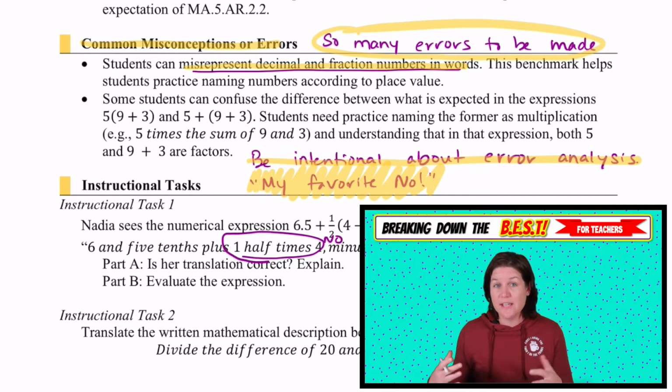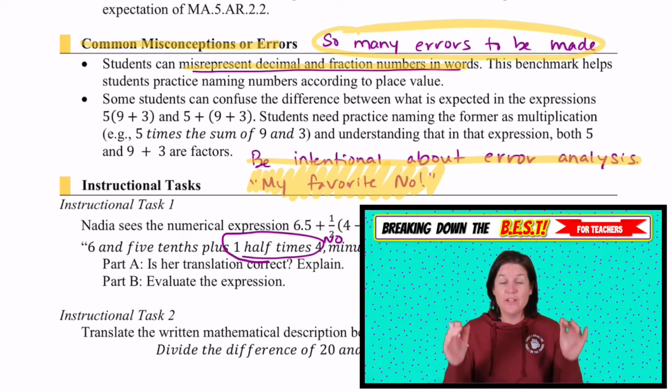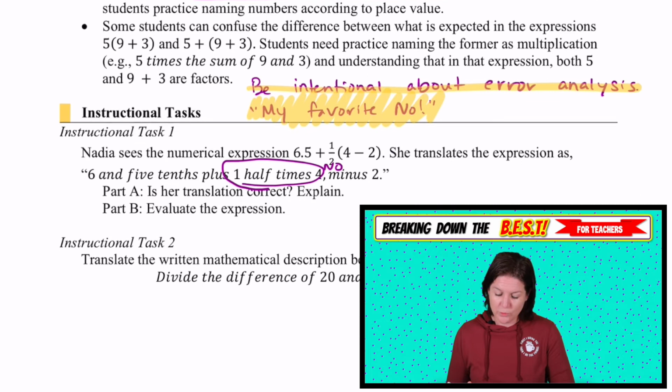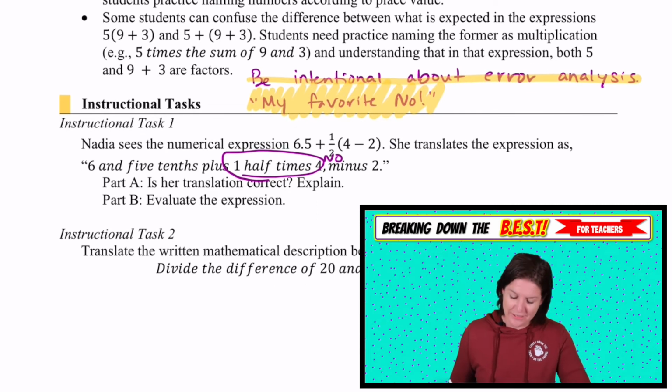So select a mistake that you know students tend to make a lot, highlight, and then rewrite the work that the student does. You don't need to name names of who solved that problem, but just showcase that this was your favorite no, that you love this work because it's going to create a great discussion. So it's a really cool way to highlight error analysis.